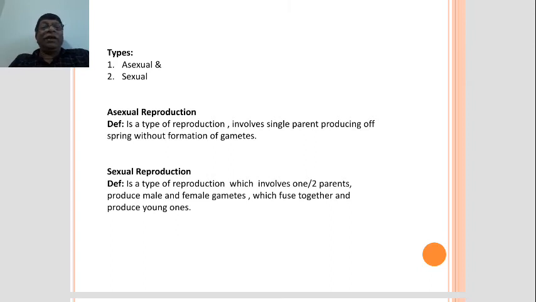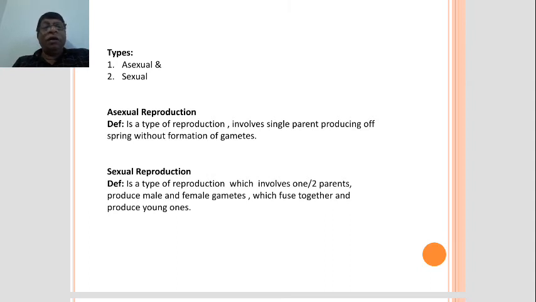Okay. Sexual reproduction. What is sexual reproduction? Sexual reproduction is a type of reproduction which involves 1 or 2 parents producing male and female gametes which fuse together and produce young ones.